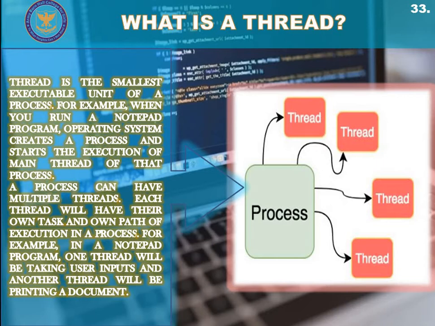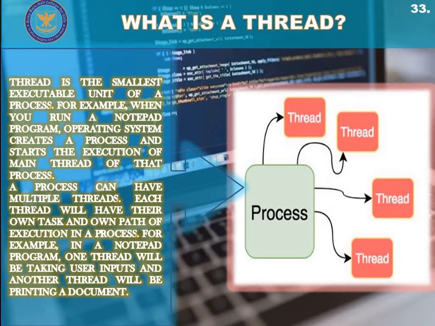When you click an instruction and the CPU applies that instruction on your process, there are certain invisible instructions which are working at the back end. So you can say that a program is like a company or an organization, and processes are like buildings. A program or software is like a company which has multiple buildings.